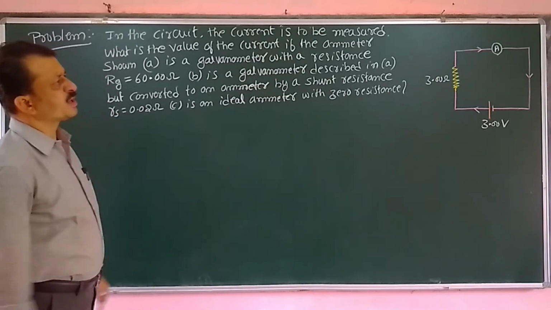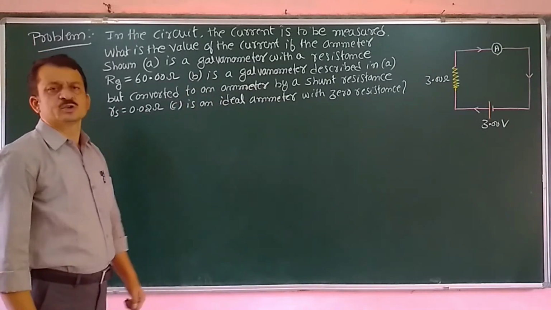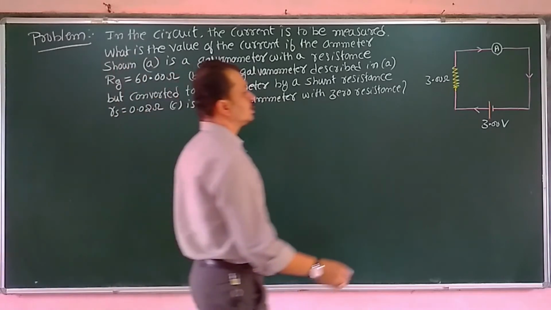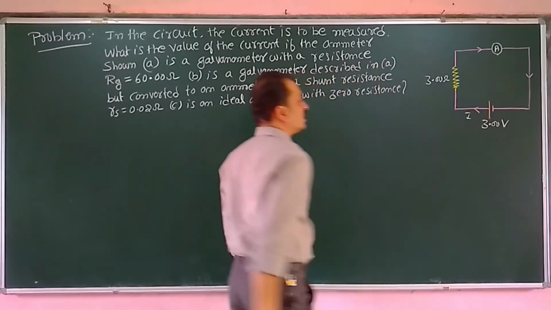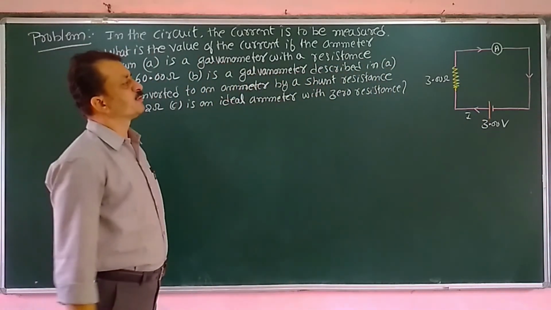In these 3 cases, we are going to calculate the current flowing through the circuit. Let that current be I, and the circuit is as shown in the figure.